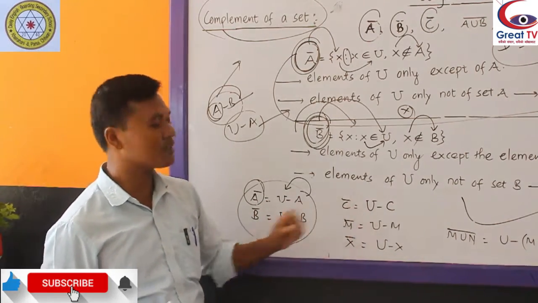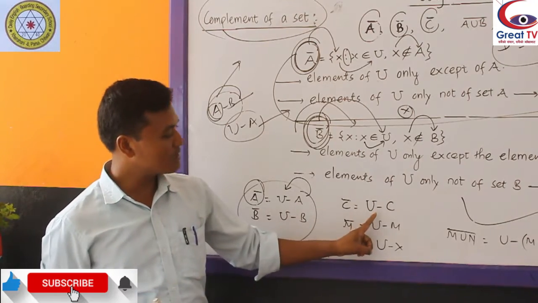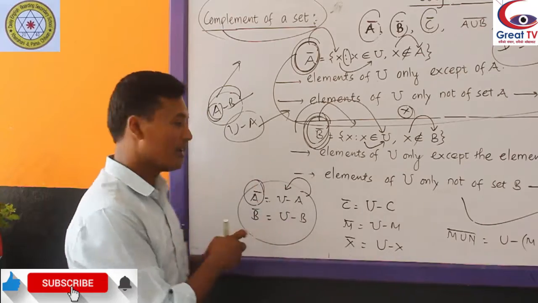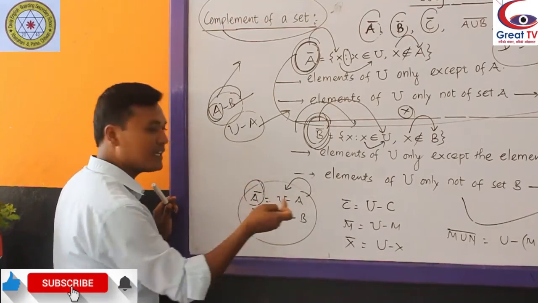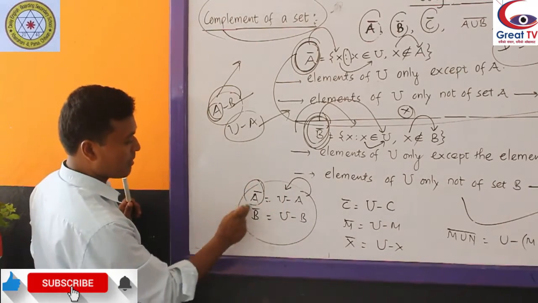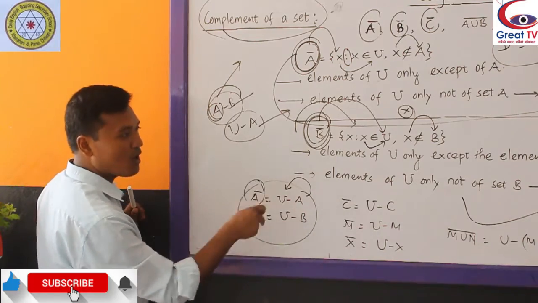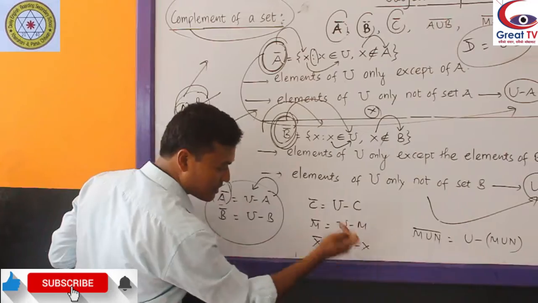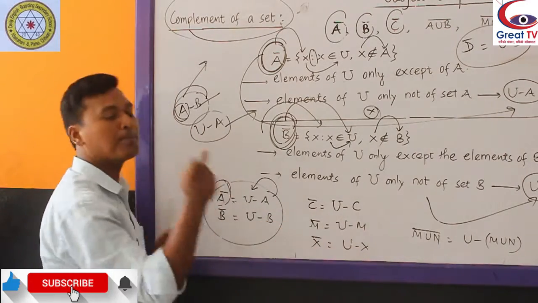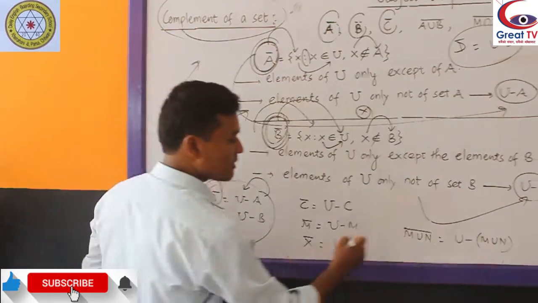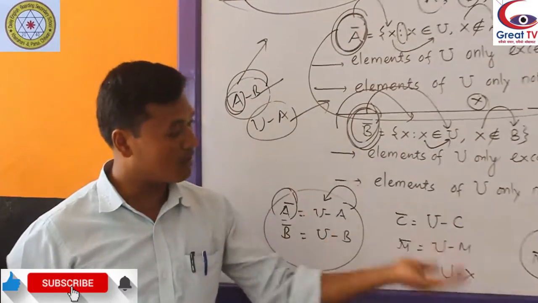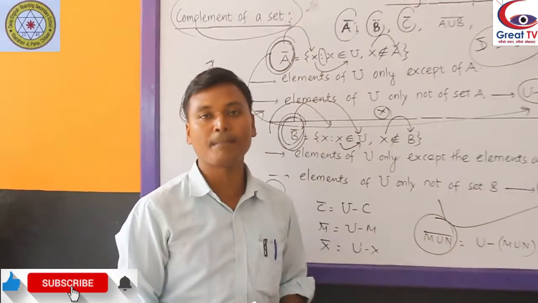Similarly, to shade the region represented by C complement, as we know U difference C, we shade the universal set, not C. For A complement, except A, we shade all. For B complement, except B, we shade all in our Venn diagram. For X complement, except X, we shade all parts in our Venn diagram. Similarly, while shading M union N complement, we shade all parts except M and N.